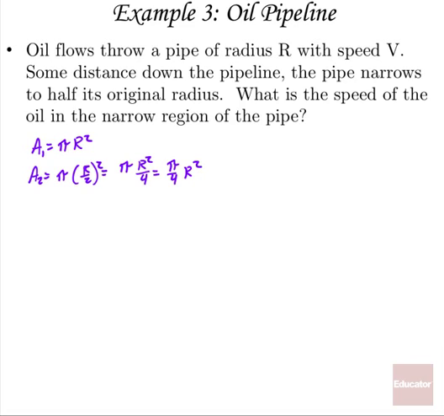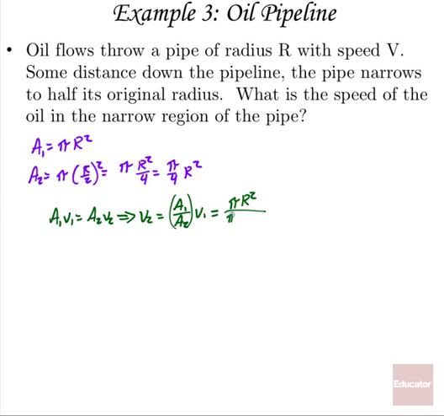Now as we apply the continuity equation for fluids, A1V1 equals A2V2, which implies then that V2 equals A1 over A2 times V1. A1 is pi R squared.